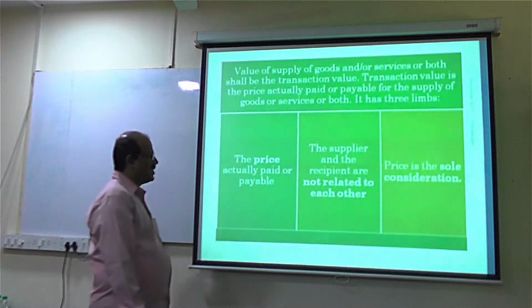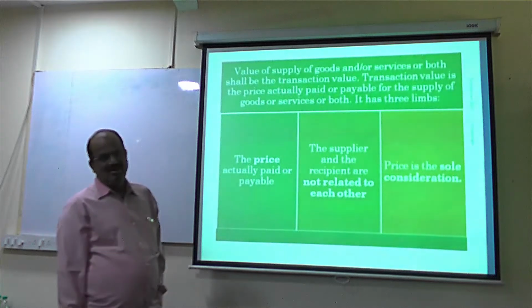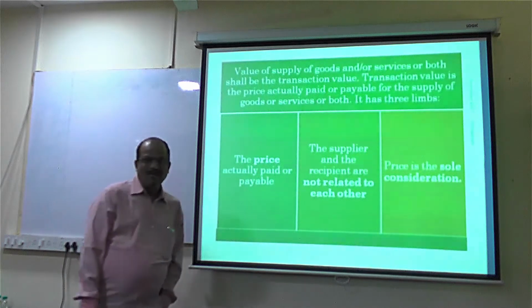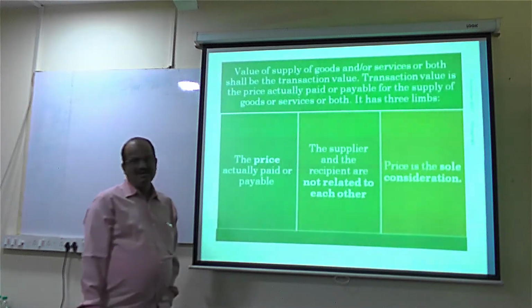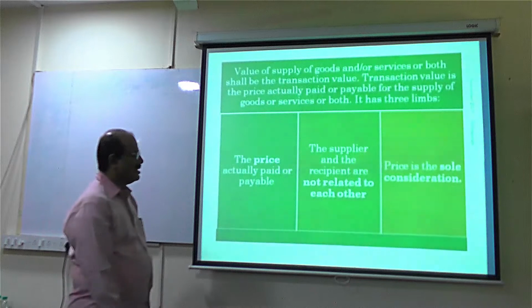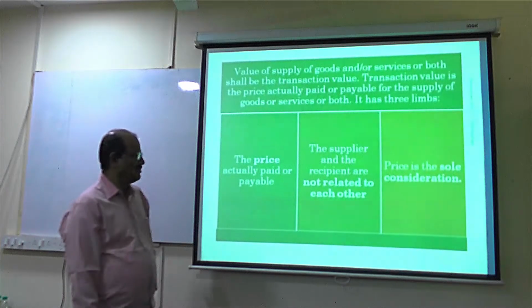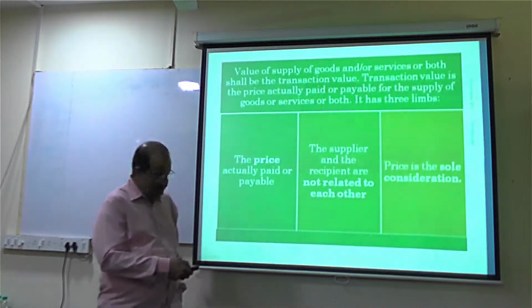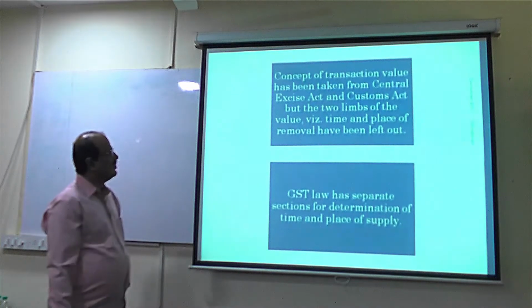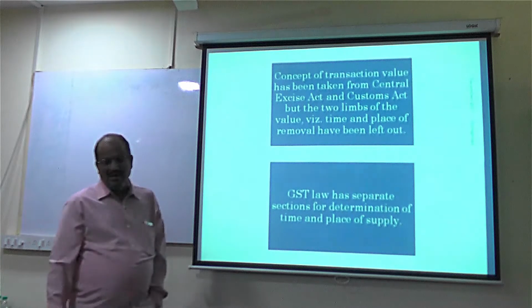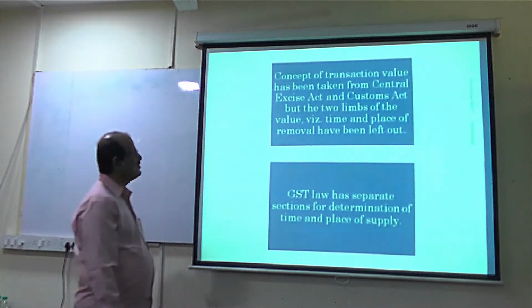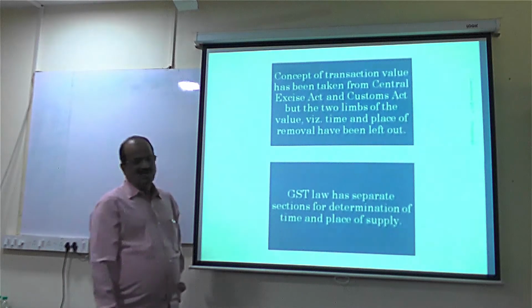The last limb is the price is the sole consideration. For any transaction, price has to be sole consideration if it has to be accepted under the main provision of the section. The concept of transaction value has been taken from both customs and central excise.